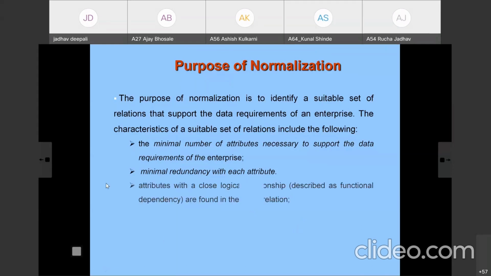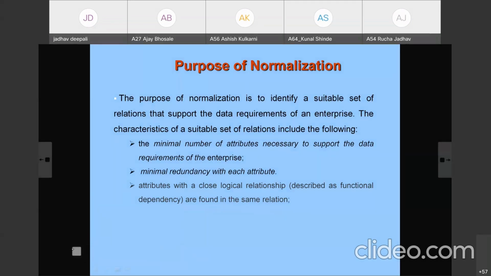Attributes with a close logical relationship, as we are going to describe in functional dependency, are found in the same relation. It is a very important characteristic: attributes with a close logical relation. What are the attributes of instructor?